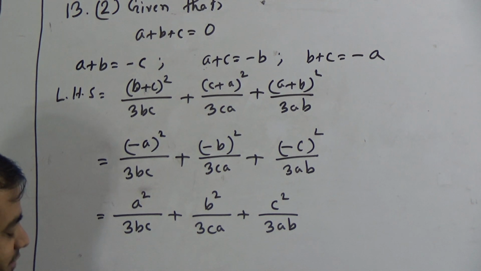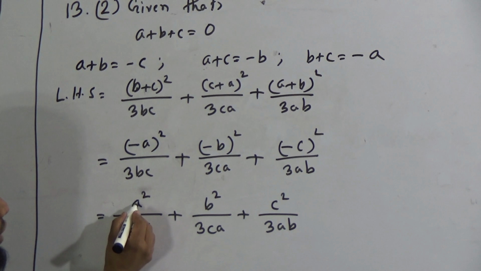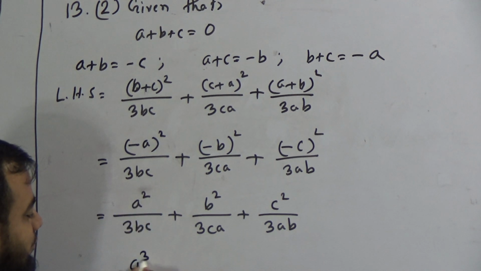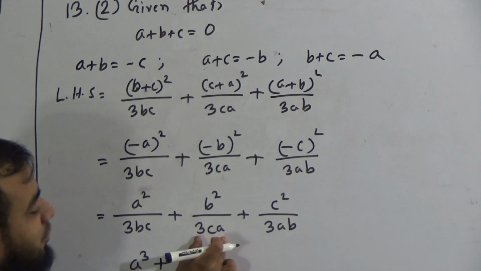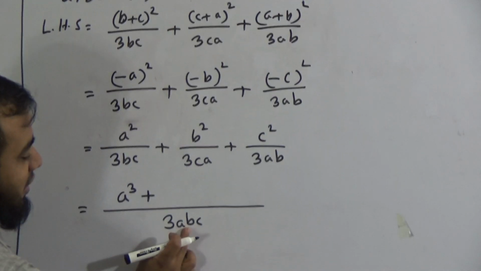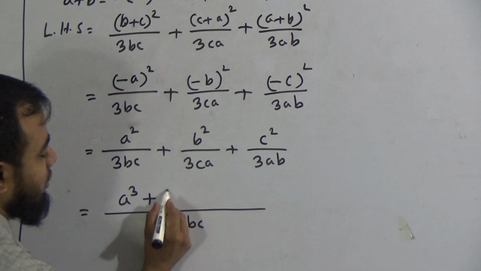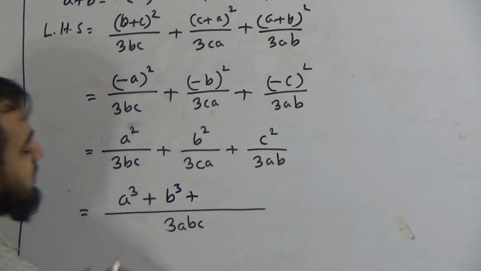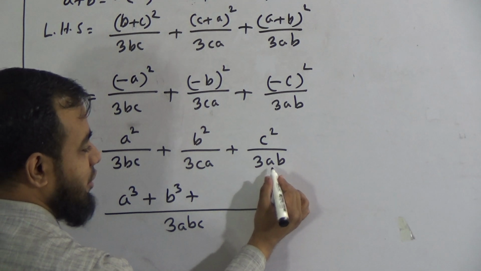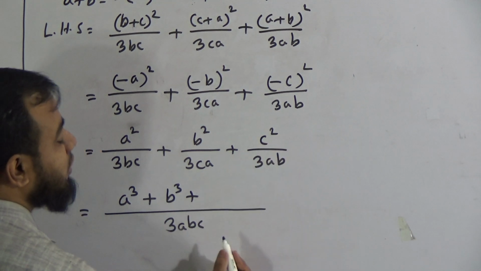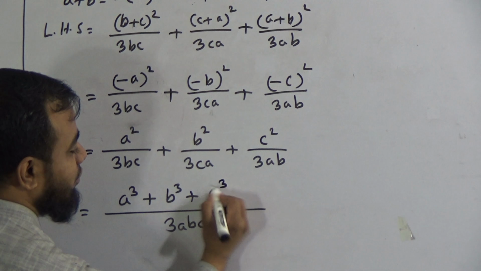Now divide this LCM by the denominator 3bc, we will have a, and a into a² equals a³, plus divide this LCM by the denominator 3ca, we will have b, b into b² equals b³, and divide this LCM by the denominator 3ab, we will have c, c times c² will be c³.